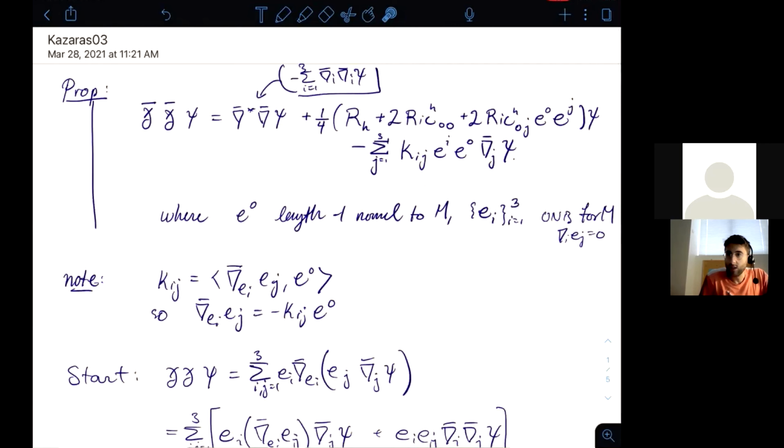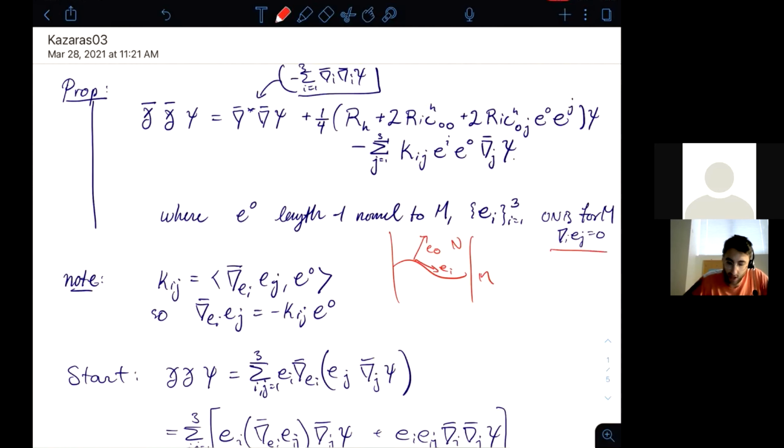So to establish this formula, which is the main thing we'd like to do in this lecture, let's choose a basis, which I've been talking about implicitly. Here's the little picture, M inside of N. Here the e_i are tangential, e_0 is normal and of length -1.